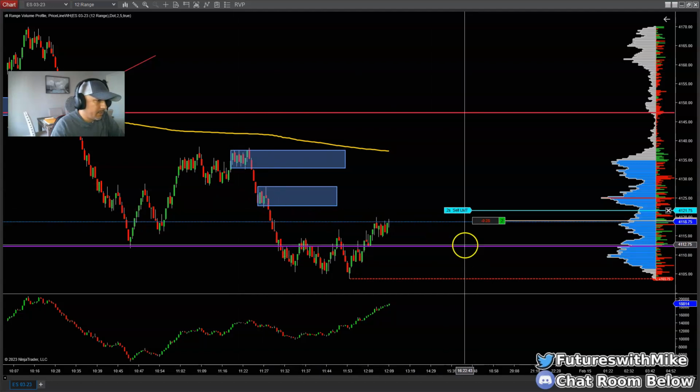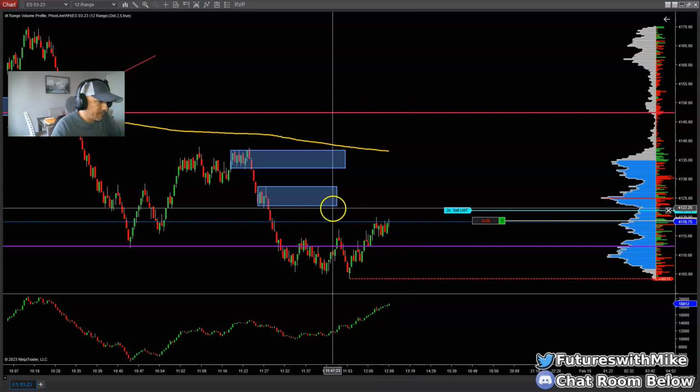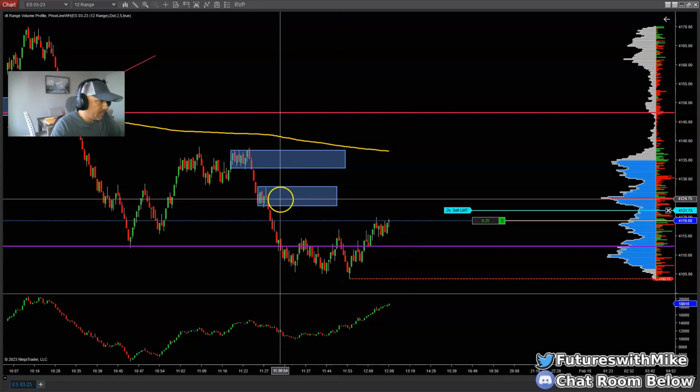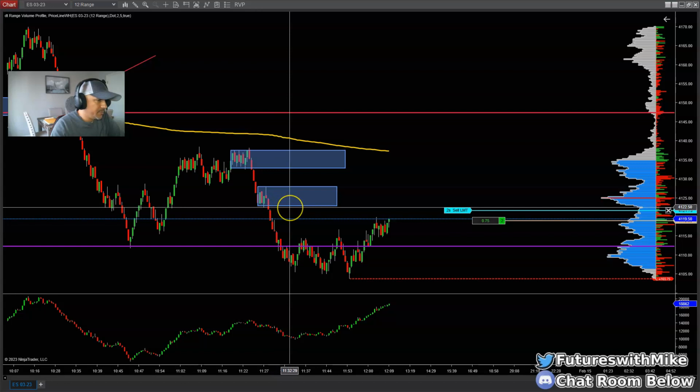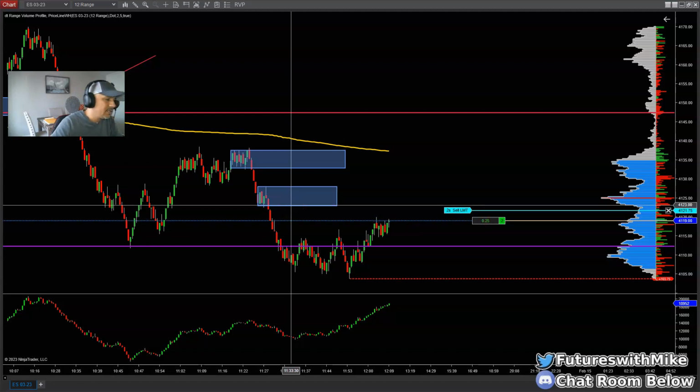Come on. Very sluggish, moving back and forth right now. But I'm looking for price to test this, come into the zone here where this box is, at least tap into that area. I think that'll give me like 2.5 points or something like that on those 2 contracts, and we'll get out, call it a day, be done.